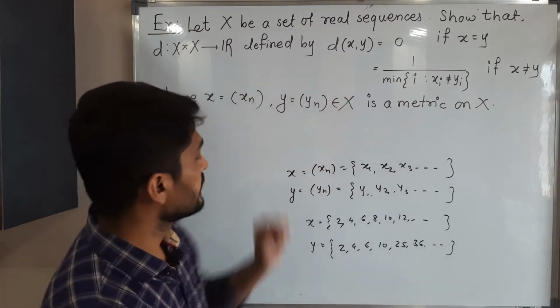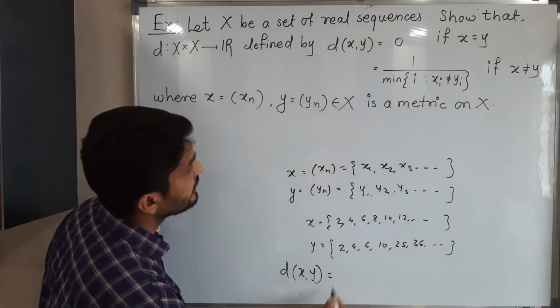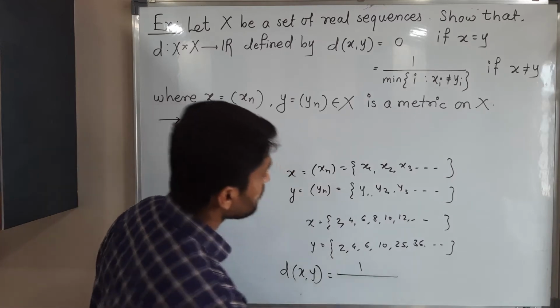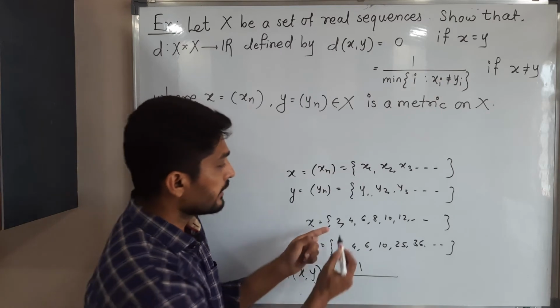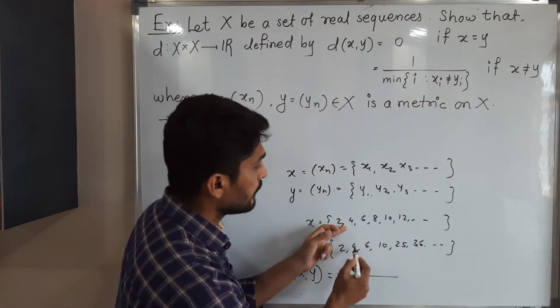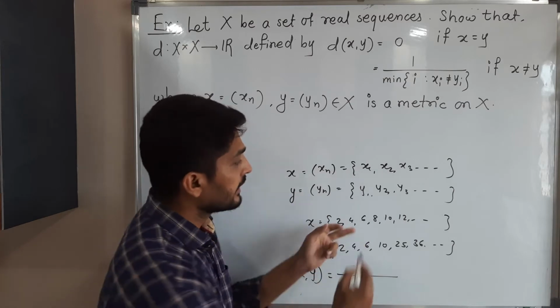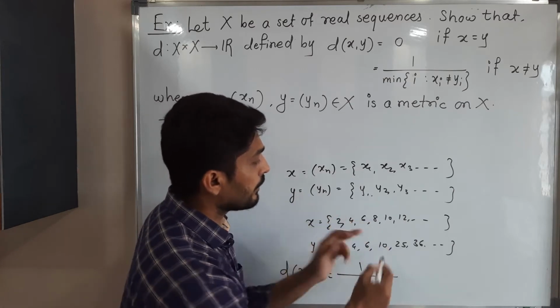So in that case, the distance between x and y, D of xy, will be like this: 1 upon the minimum of i such that xi is not equal to yi. Tell me, is x1 equal to y1? Yes. x2 equal to y2? Yes. x3 equal to y3? Yes. x4 equal to y4?